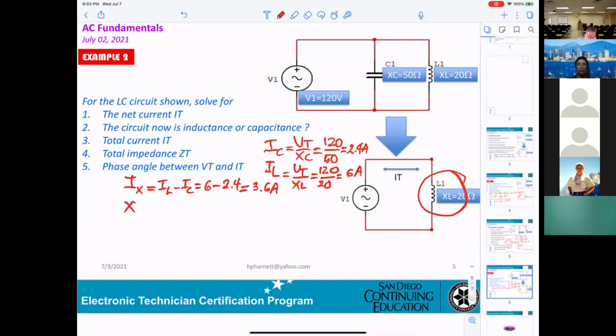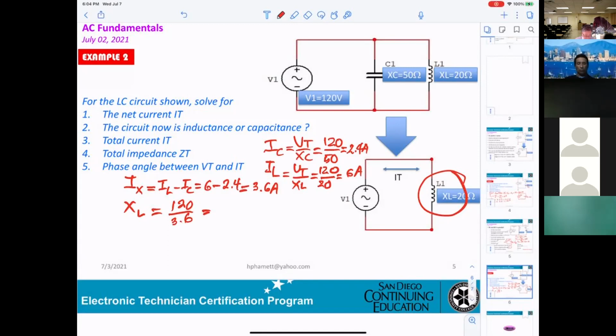XL now will be 120 divided by 3.6. See what you get: 33.3.